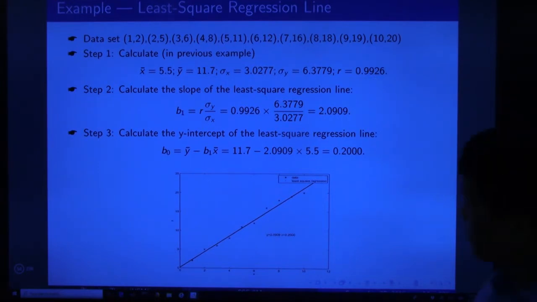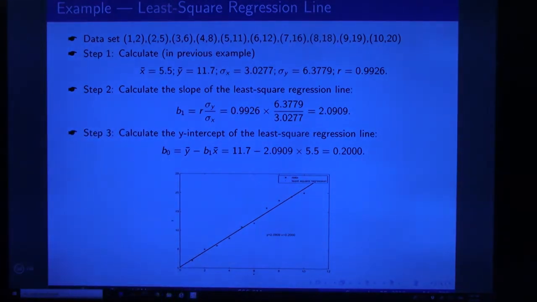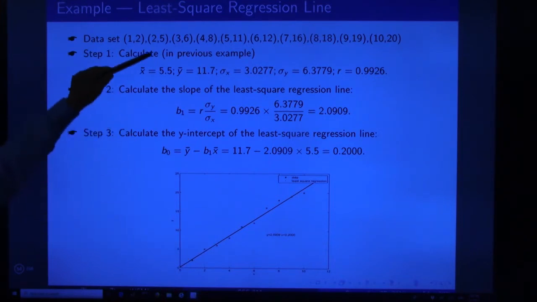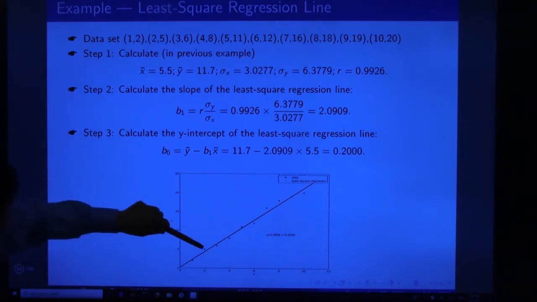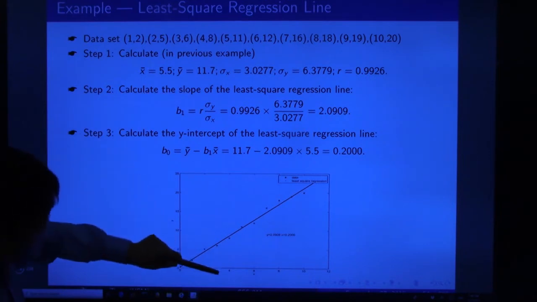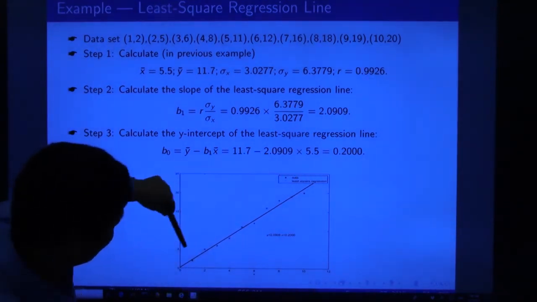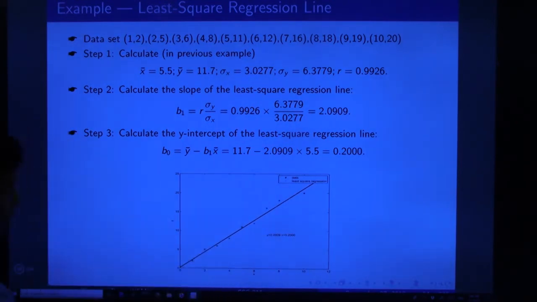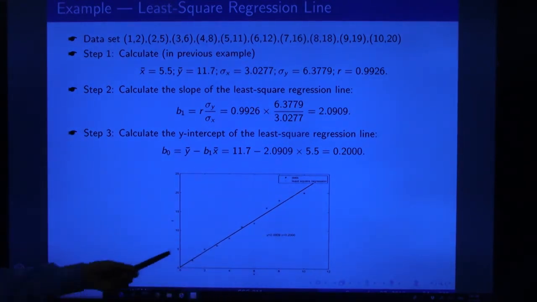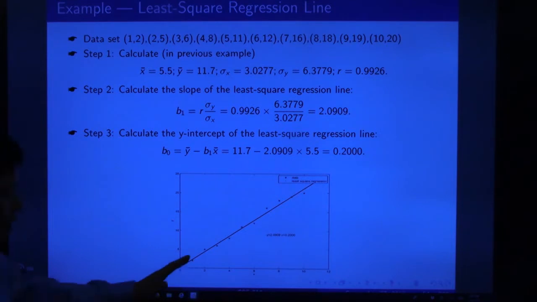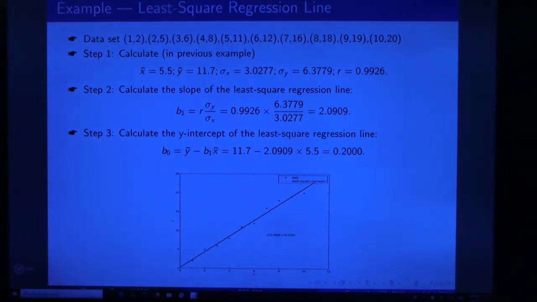So we can just borrow some numbers from there. The data set is, first one is 1, 2, the next one is 2, 5, and the next one is 3, 6, 4, 8, and so on. So we have all this data on the scatter plot, and we try to find this red line, which is the least squares regression line. We need to find the slope and the y-intercept.